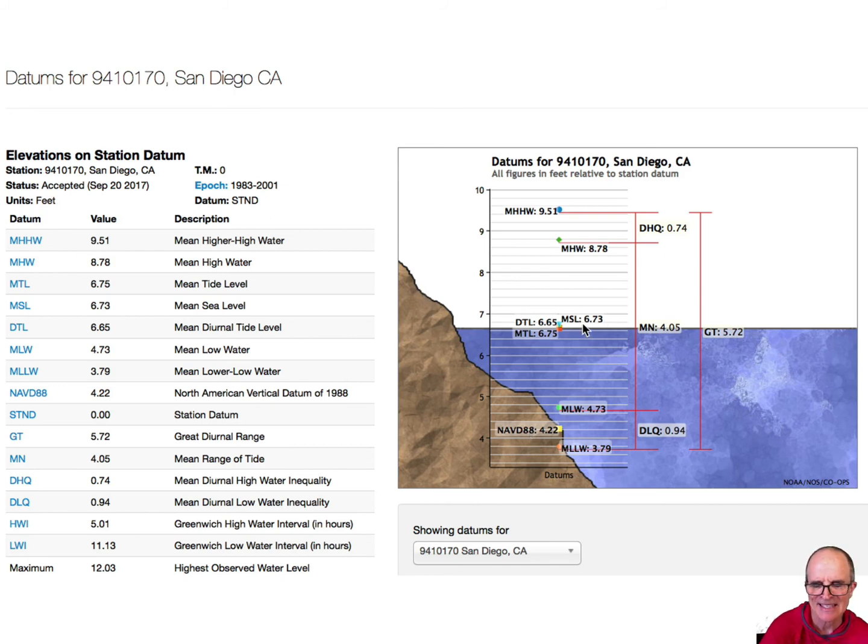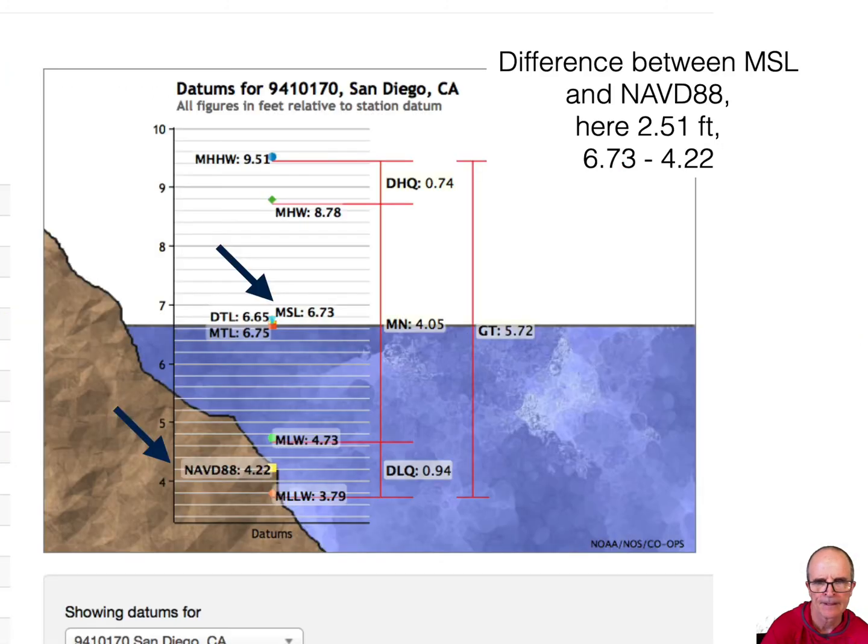Well, we're less than 10 feet above mean sea level because there's 2.5 feet extra here. So it's about 10 minus 2.5, or about 7.5 feet above mean sea level, above the local sea level. We have to look at this difference between the mean sea level and our NAVD 88 heights to figure out how far we are above the sea level at the time, right? So again, 2.51 feet is the offset.